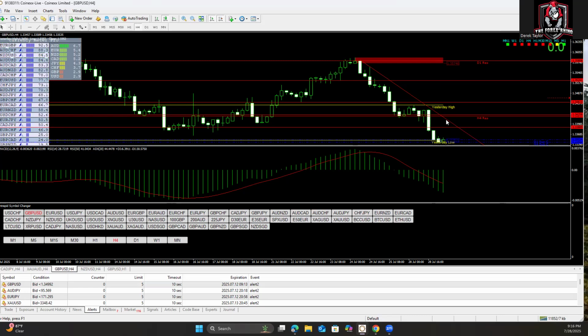Yes, you're going to get a break of structure right here, but I have the H4 here and this line of structure. And I'm going to wait until price breaks yesterday's high, and just when this horizontal line here connects with this trend line, just above that is going to be my entry.